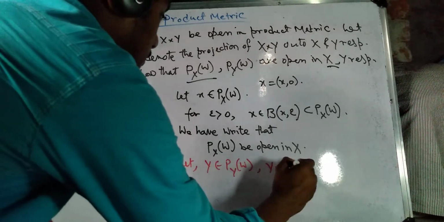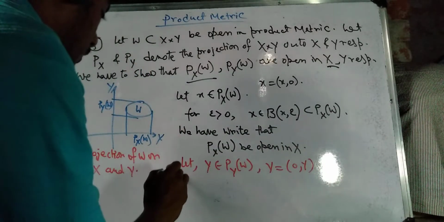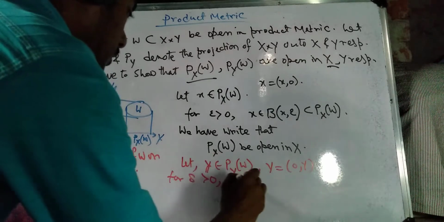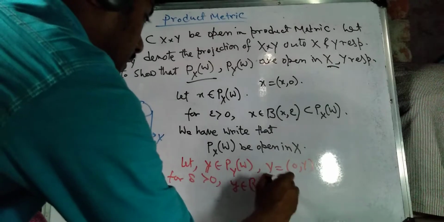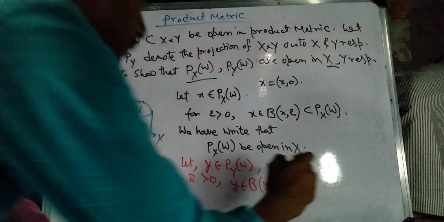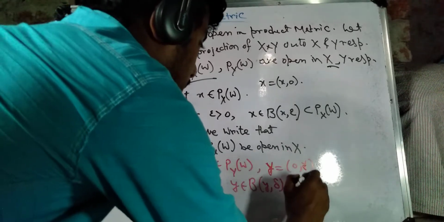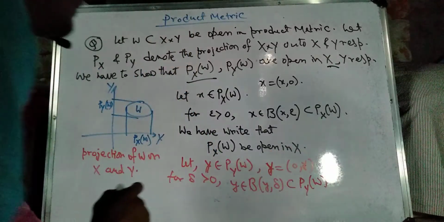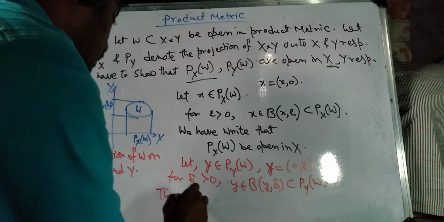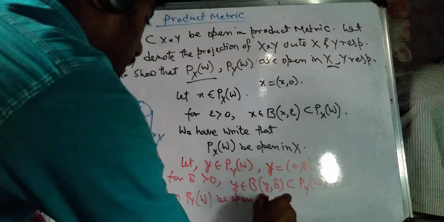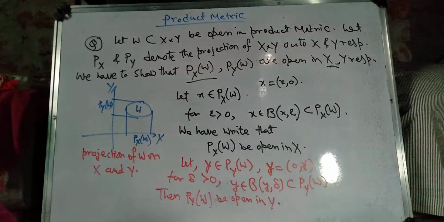Here y means (0, y). Then for delta greater than 0, y belongs to B(y, delta) subset of p_y(W). Then p_y(W) is open in Y. In this way we prove this one. So today we stop here.